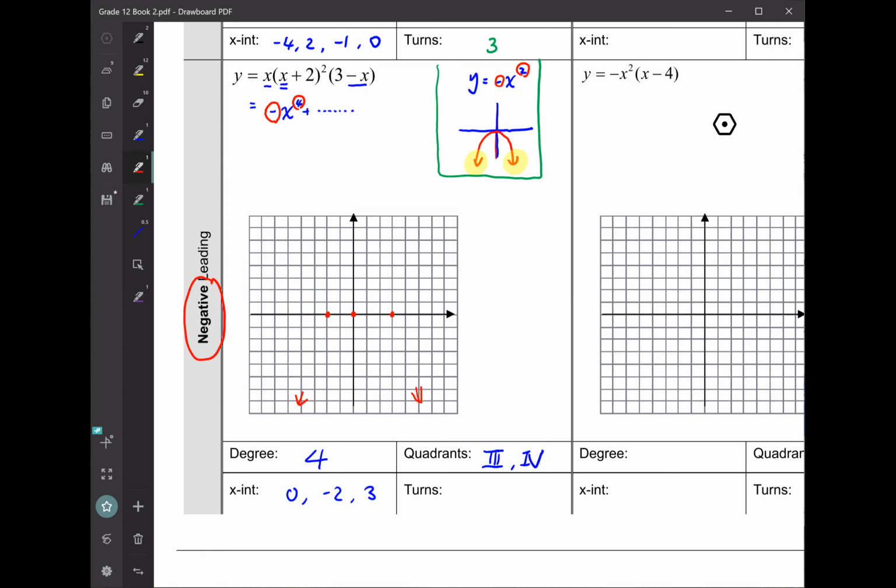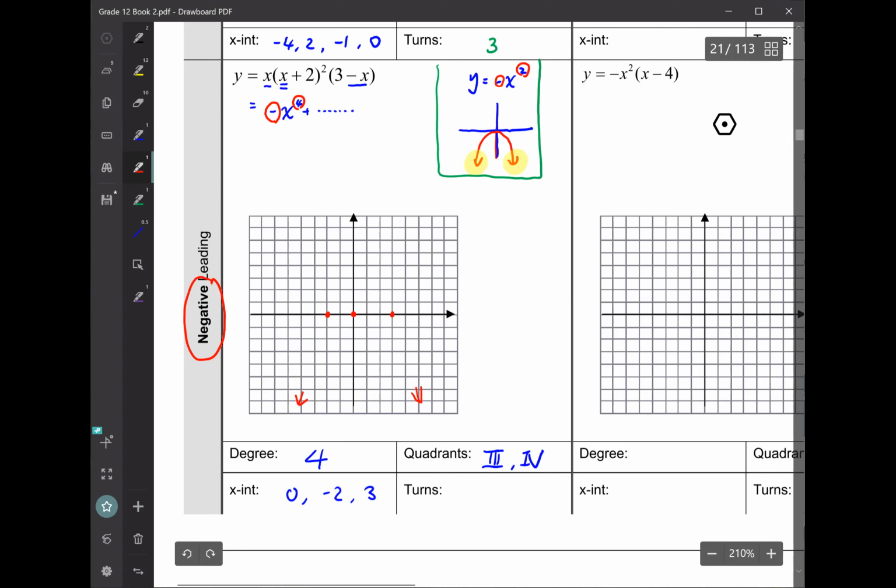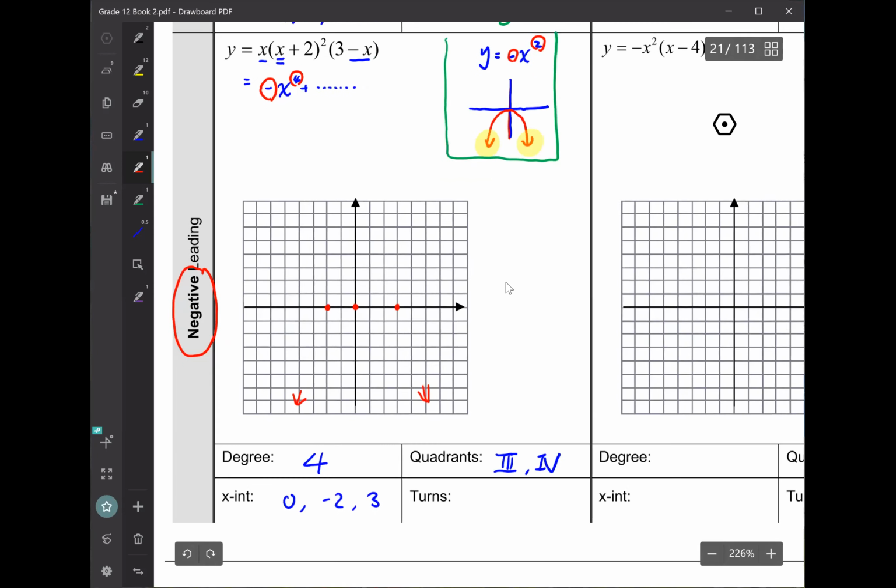So how are we going to connect them then? I'll let you guys try it first, and I'll ask one of you to draw on the screen. I'll give you a couple seconds to draw it out. It has to touch those points, those x-intercepts.